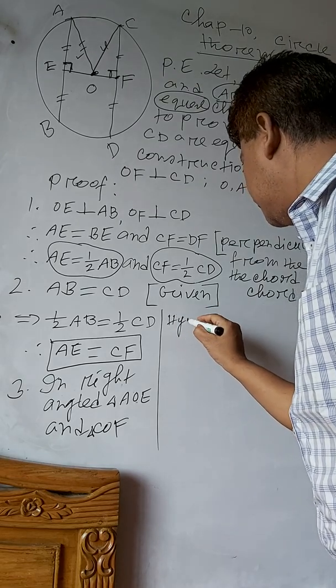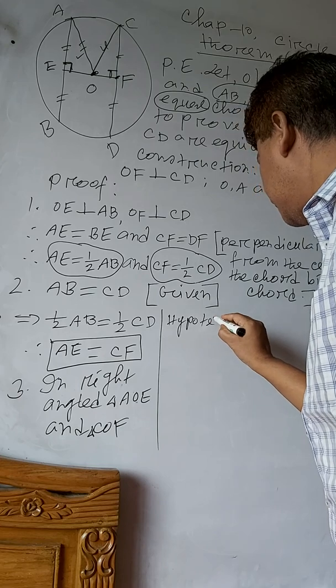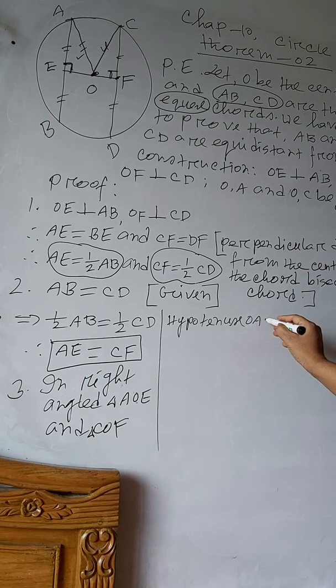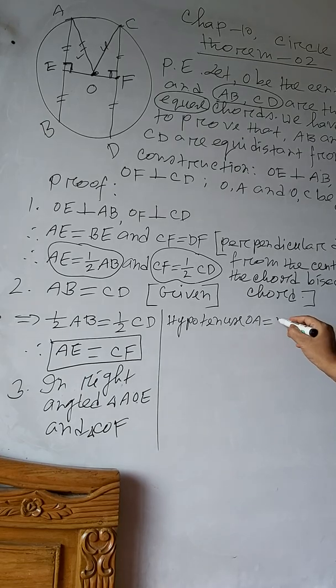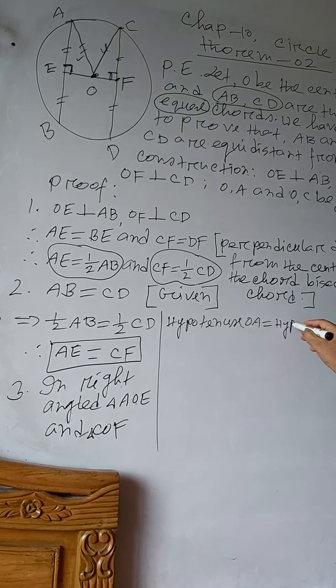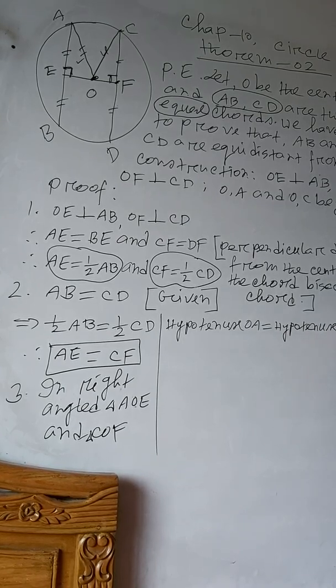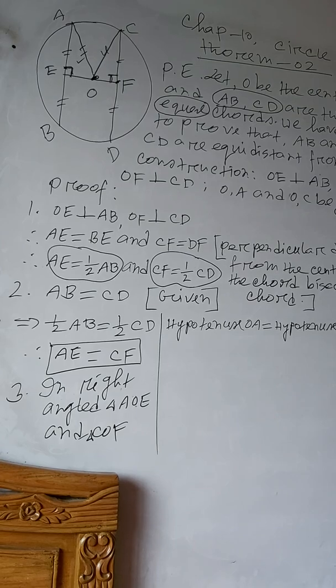Hypotenuse OA equal to hypotenuse OC, radius of the same circle.